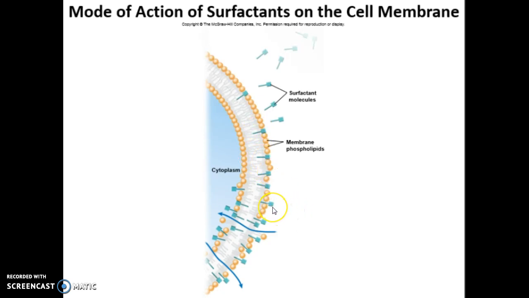And once enough of these surfactant molecules get pulled into the plasma membrane, the cell membrane, holes are created. Right? So then the cell membrane is no longer able to maintain integrity. Material that should stay out goes in. Material that should stay in goes out. And you simply lose the integrity of that cell, and it's going to rupture.